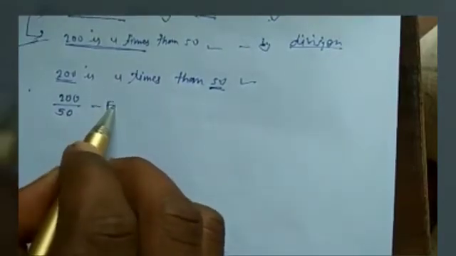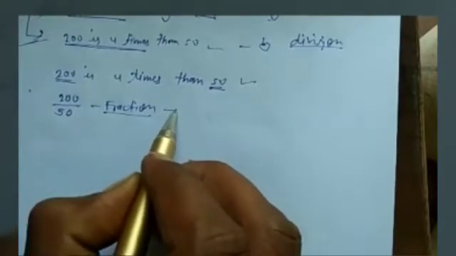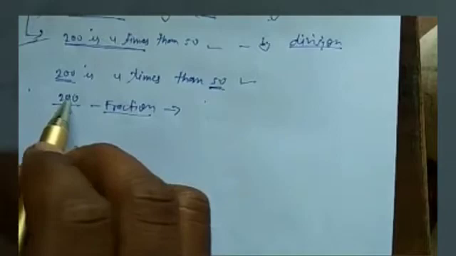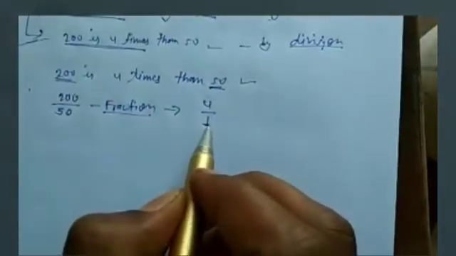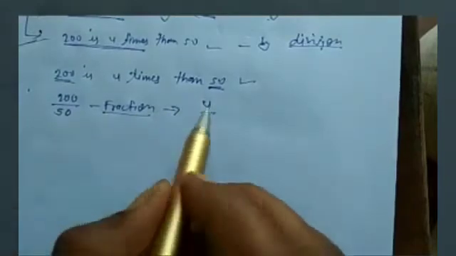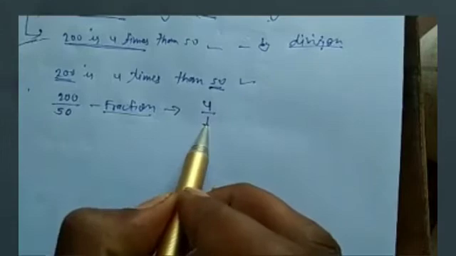So 200 by 50 is simply a fraction. When we convert this fraction to its lowest term, we get 4 upon 1.